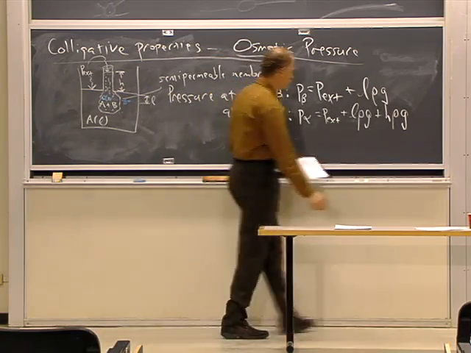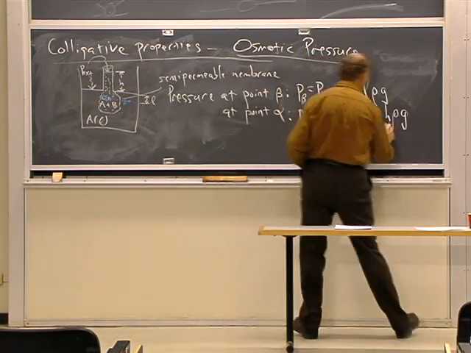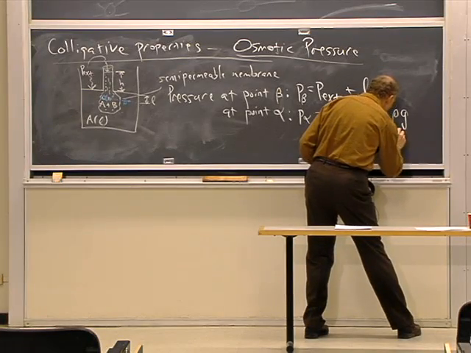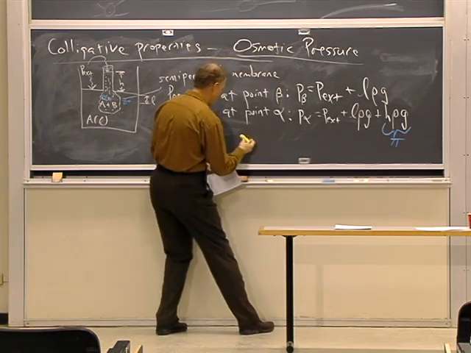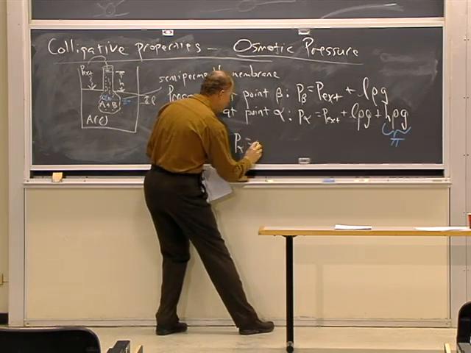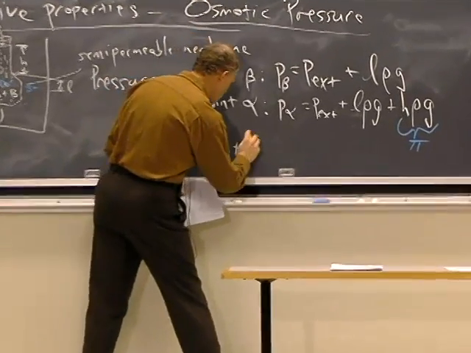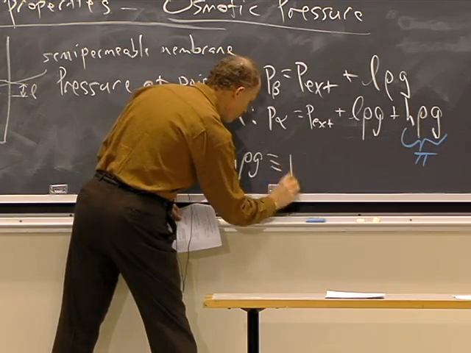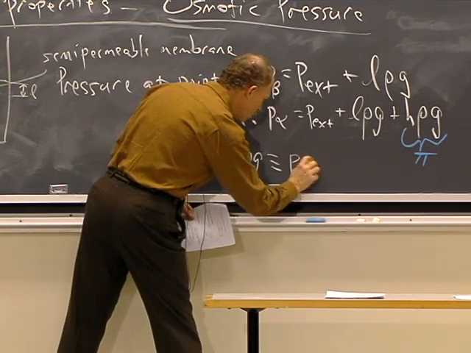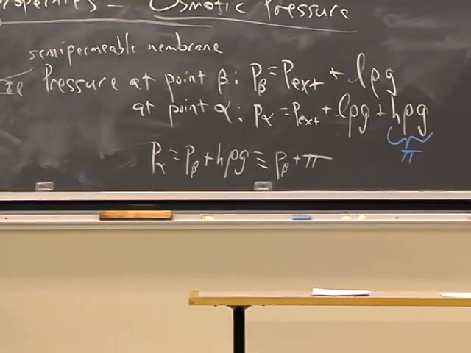We'll label this pi. So we can write P alpha is equal to P beta plus H rho G, which we'll say is equal to P beta plus pi. All right?